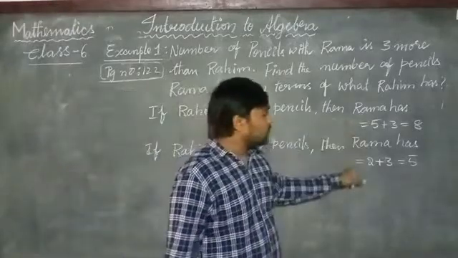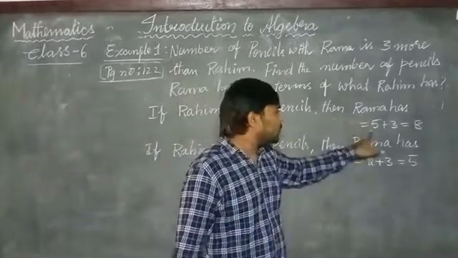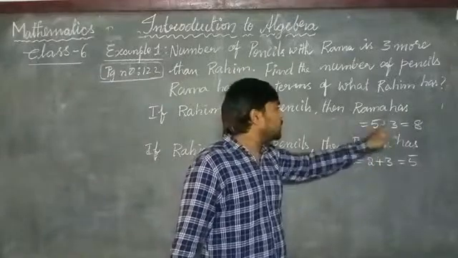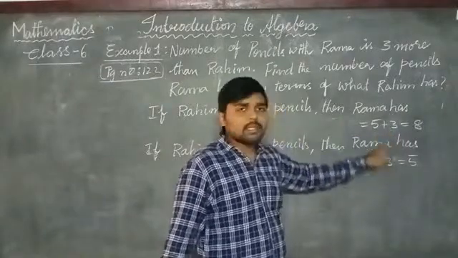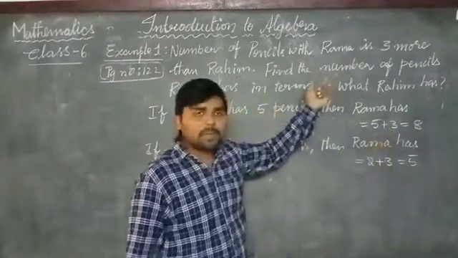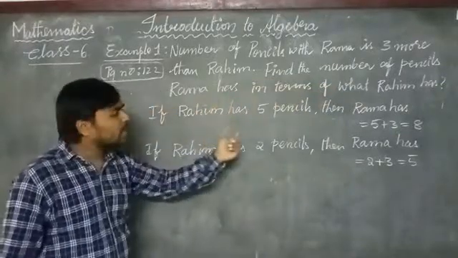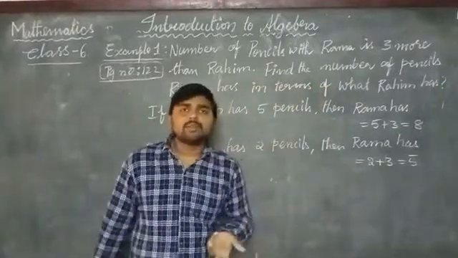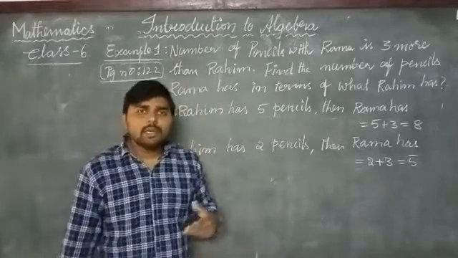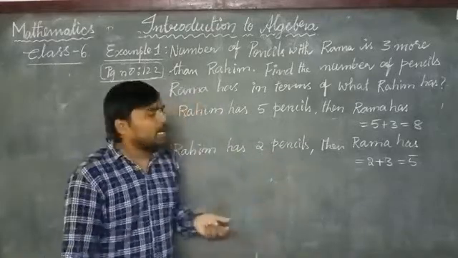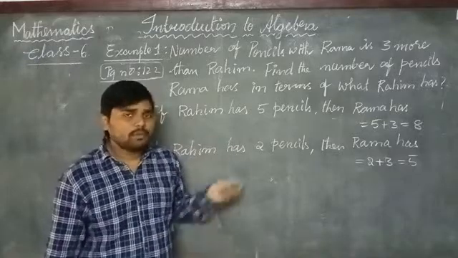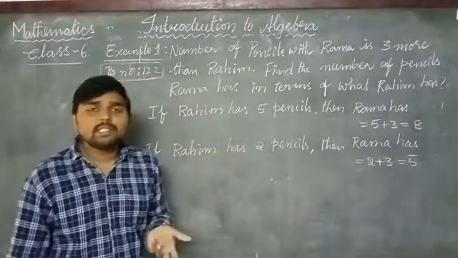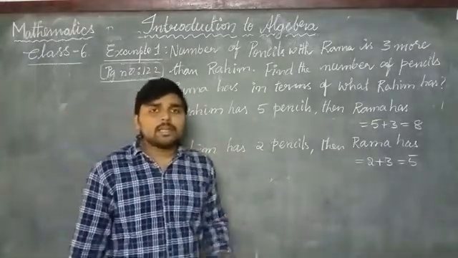Here, if you see the two conditions, 5 and 2 are changing, but the constant value is that Rama has 3 more pencils than Rahim. Suppose Rahim has 1000 pencils, then Rama has 1003 pencils. If Rahim has 200 pencils, then Rama has 203 pencils.